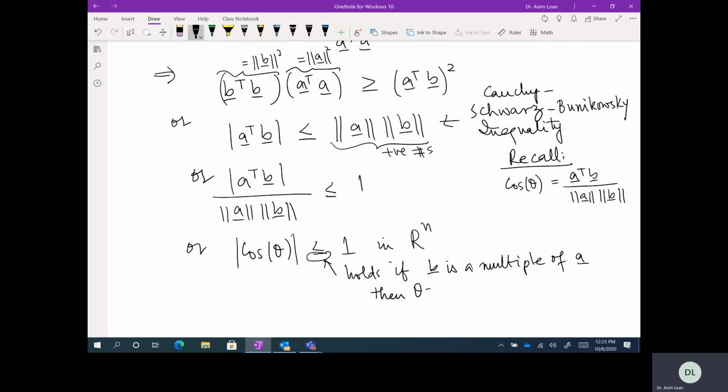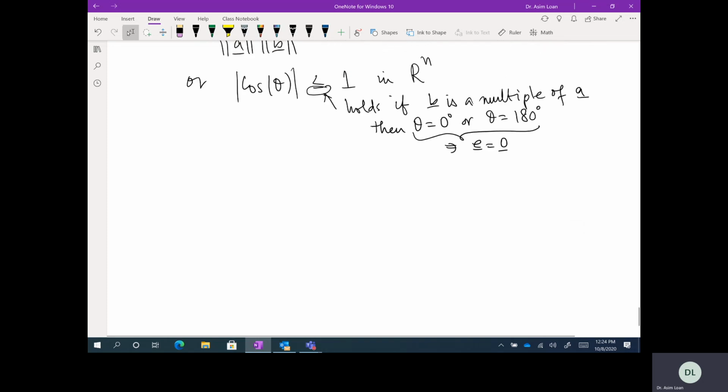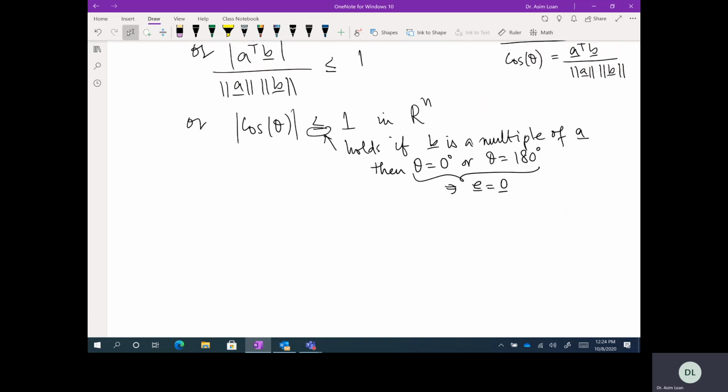Then theta is either 0 if it's in the same direction, or theta is equal to 180 degrees, that is in the opposite direction. In both these cases, this implies E is equal to 0. There is no error because B lies in the column space.